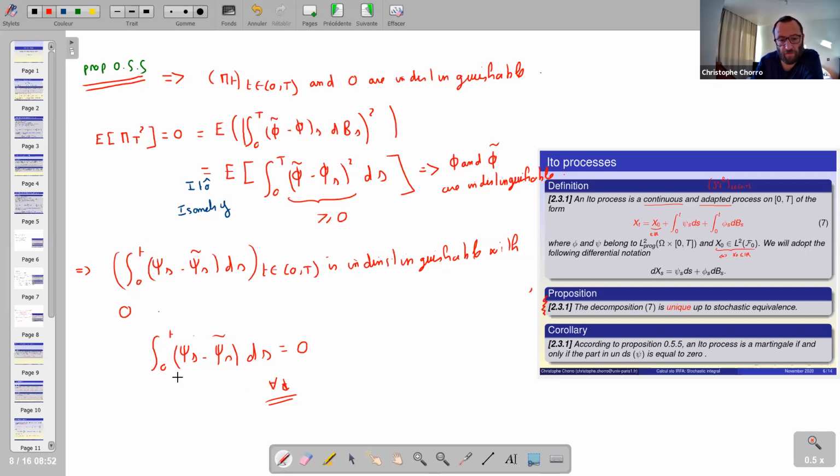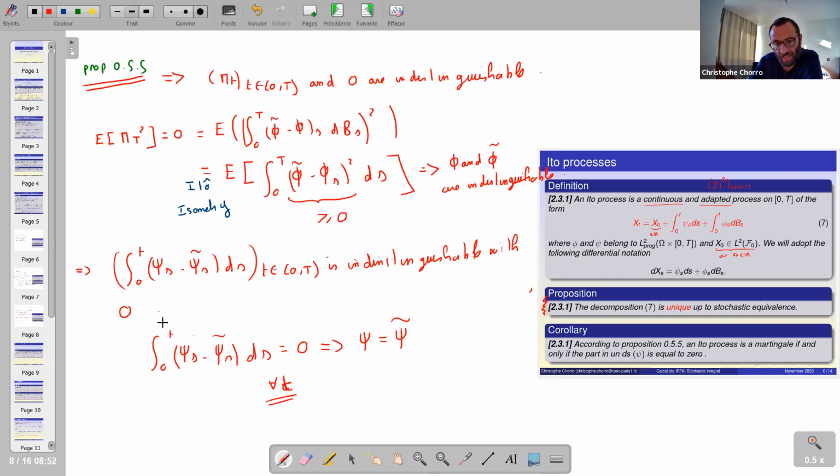So for example, if you compute the derivative with respect to t here, you will obtain that what I have inside, that is, the difference, has to be equal to 0. Because if I have the integral depending on the upper bound that is equal to 0, then necessarily what I have inside has to be equal to 0, for a Riemann integral.